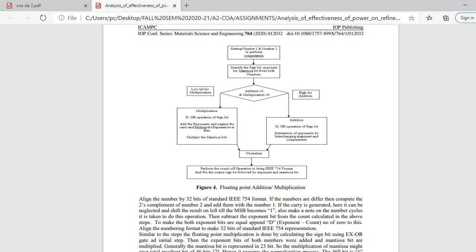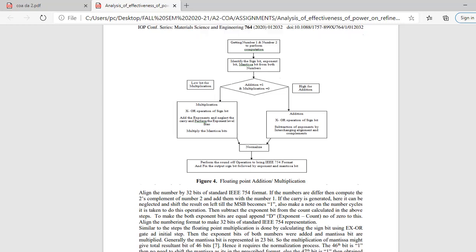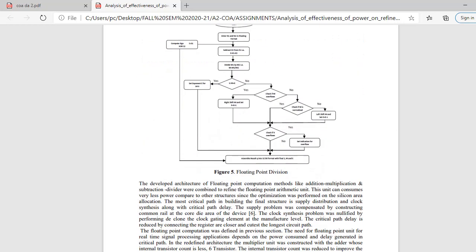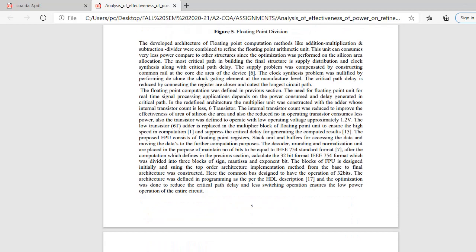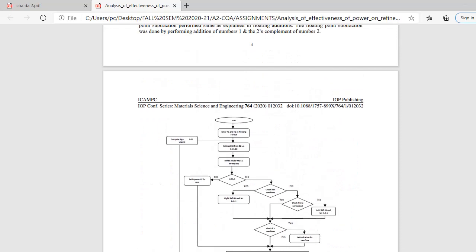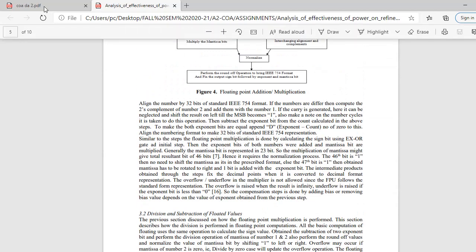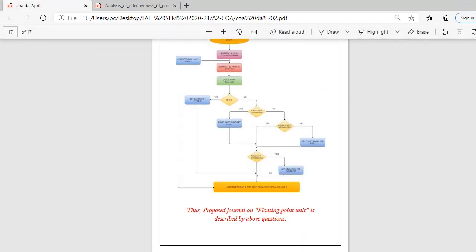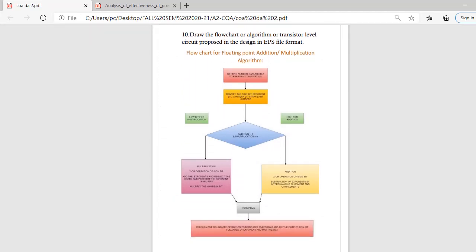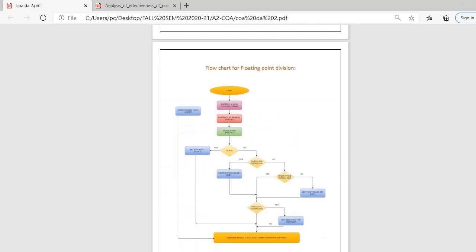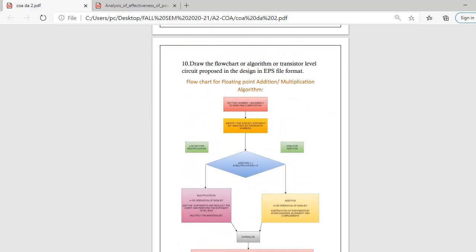This is the floating point addition or multiplication flowchart which is given in my journal, as well as the floating point division algorithm, which is given in the form of a flowchart. So I took the reference of these two and used the Draw.io tool to draw the flowcharts for these proposed algorithms. This is how I presented the algorithm for addition, multiplication, and also division, and answered the tenth question.